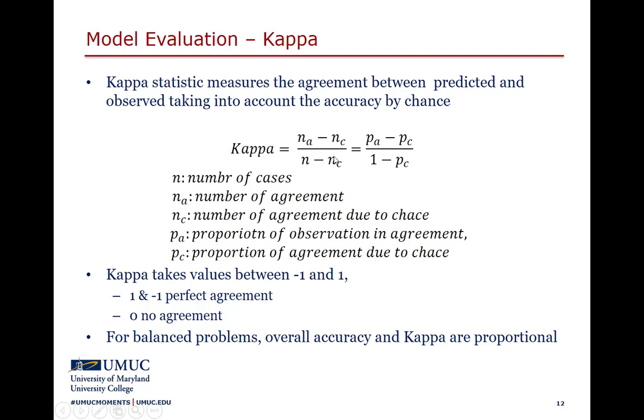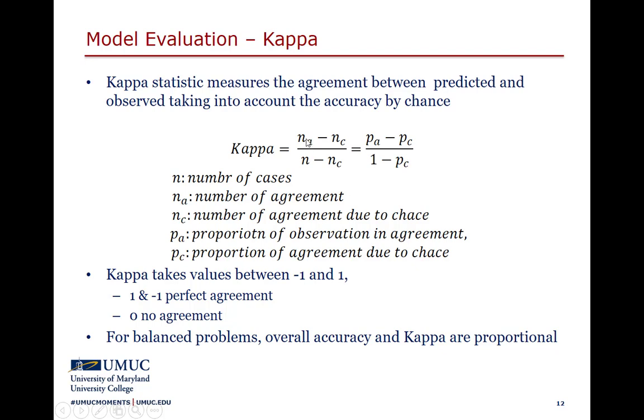First of all, it measures the degree to which the predicted and the actual are in agreement, right? That's what it measures. But it takes into consideration the fact that there is a possibility some of the predictions are done by chance.